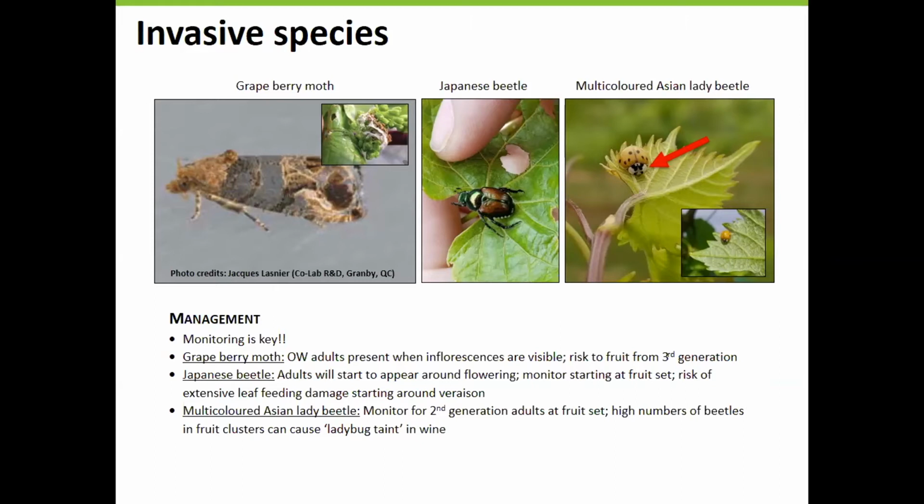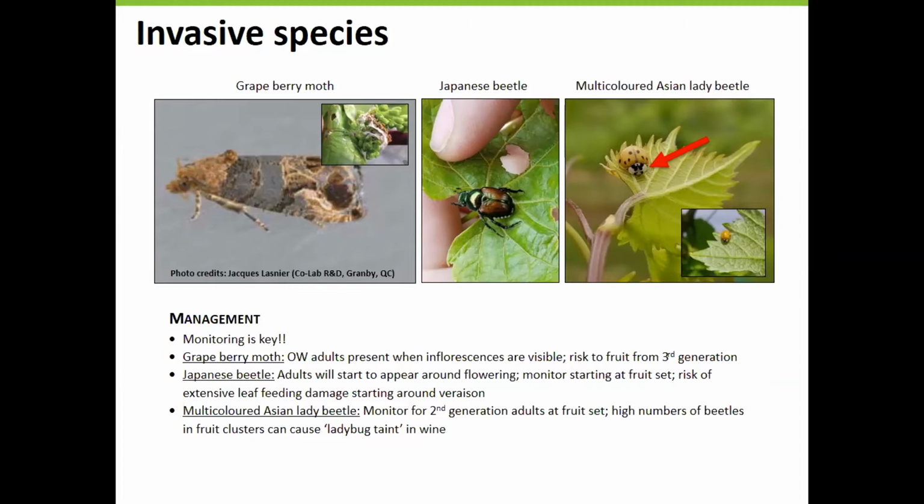If you see them on the leaf feeding and you touch the leaf, their instinct is to drop off and play dead. So it's always good to keep an eye out for these guys. They can do a lot of damage in new plantings. Again, they can move through leaves quite quickly.